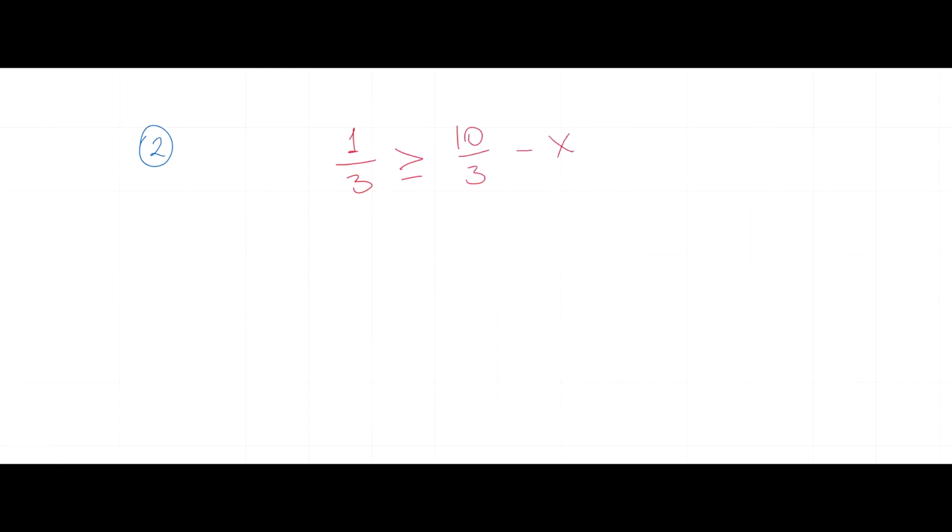Now, first of all, we need to subtract this fraction, the number that is close to the variable x. This number is positive, so therefore we are going to subtract from both sides of the inequality. The opposite of positive is going to be a negative number. So we're going to do this.